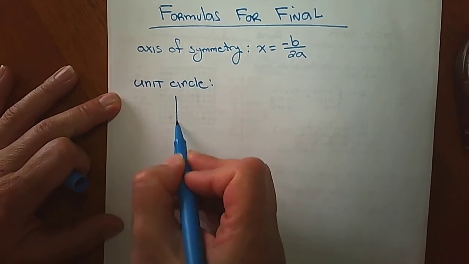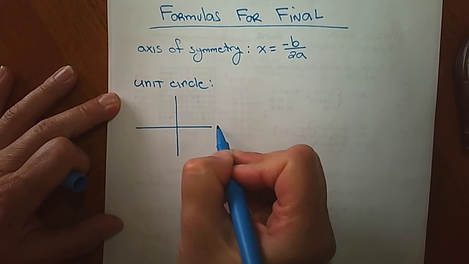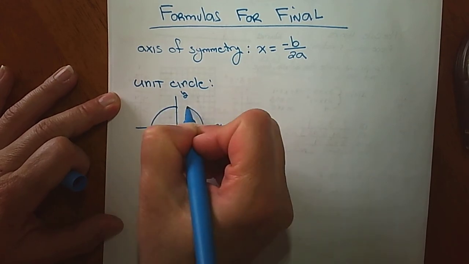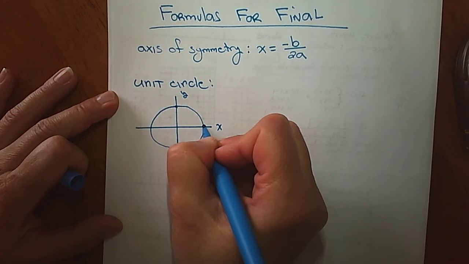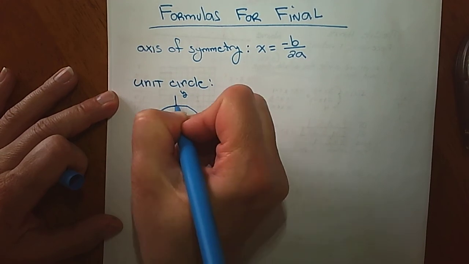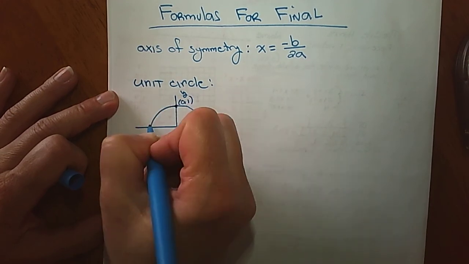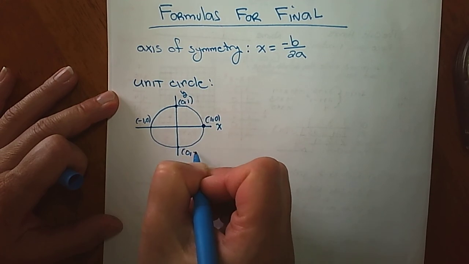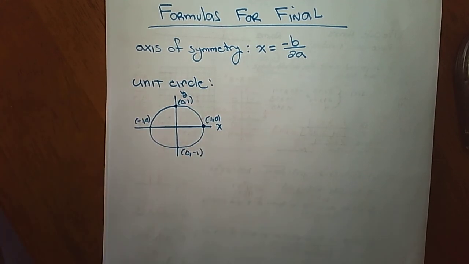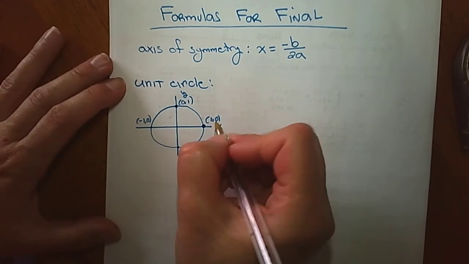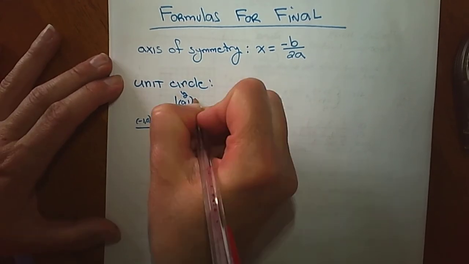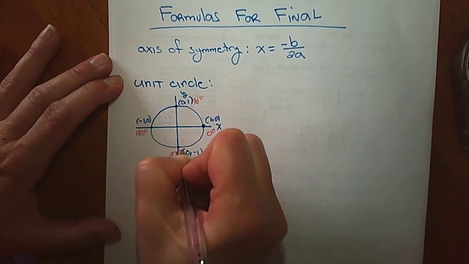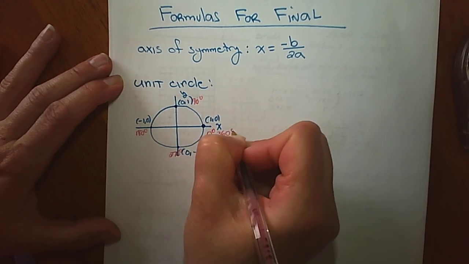So remember, if you have your unit circle, right, you make your x and y axis, you draw a circle, right? And the fact that it's a unit circle means this is the point 1, 0, 0, 1, negative 1, 0, and 0, negative 1. All right, we also know in the unit circle there are degrees. This is 0, 90, 180, 270, and back around again is 360.